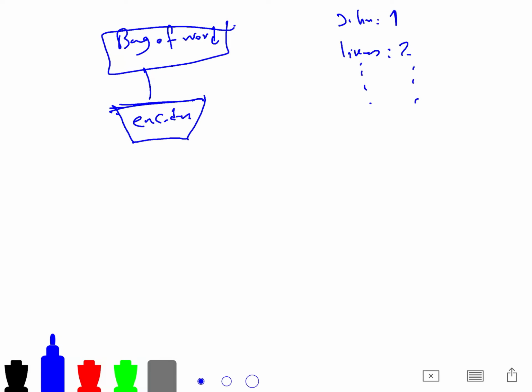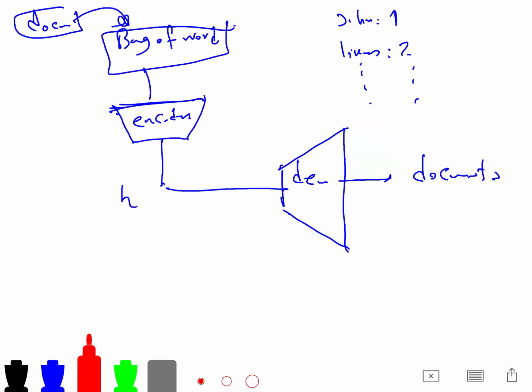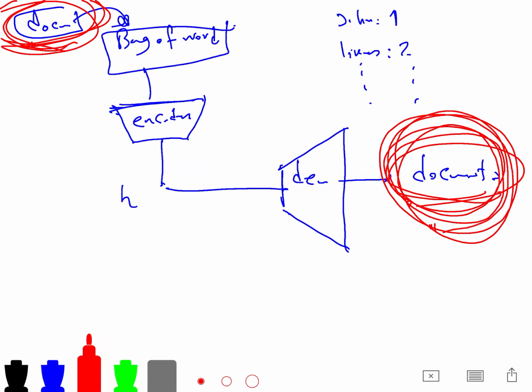Of course, you can use this technique in many different scenarios, but here you get the compressed representation h, and then you give it to a decoder to generate documents again. So you give some documents in the form of a bag of words, and again you get documents. For example, you give it poems or newsletters, and it creates very similar newsletters.